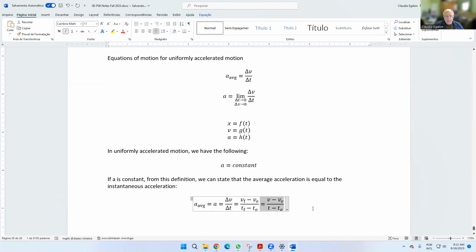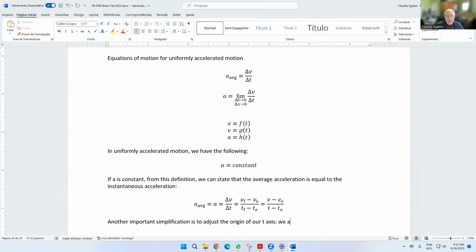Another important simplification is to adjust the origin of our t-axis.